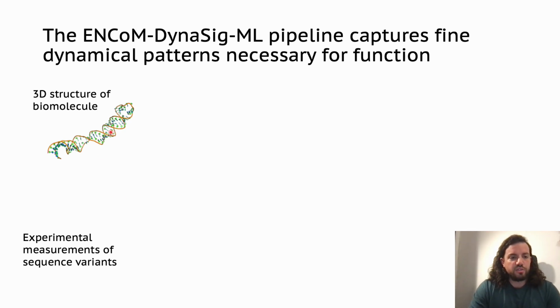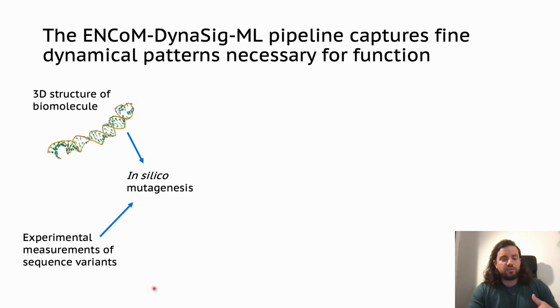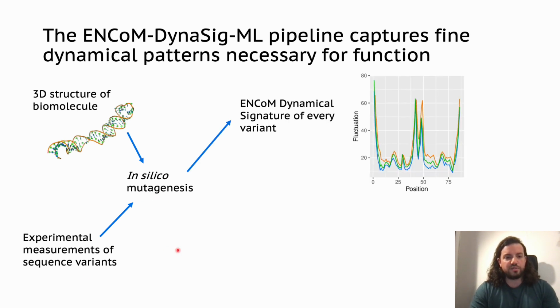So we start with a 3D structure for the wild type sequence, and we have to have experimental measurements of some function for sequence variants, so mutagenesis data. Then we mutate in silico. So we build in silico a 3D model for every one of the sequence variants.